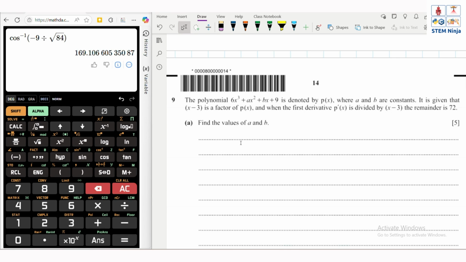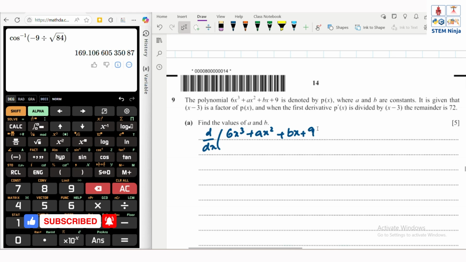All right, so we have two things. We need the derivative also. So first we do d by dx of 6x cubed plus ax squared plus bx plus 9. So 18x squared plus 2ax plus b.